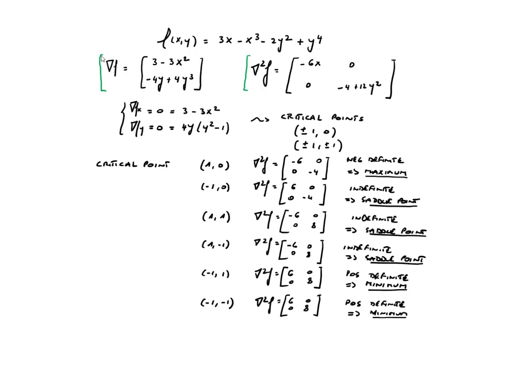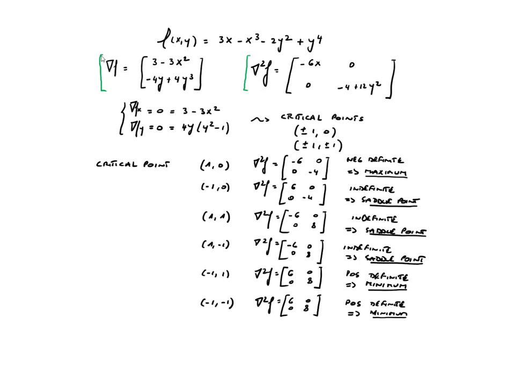To find the critical points, we have to find solution points that make the partial derivative of the cost function with respect to x 0 and at the same time make the partial derivative of f with respect to y 0. But since this equation only depends on x and this one on y, we can treat things separately.